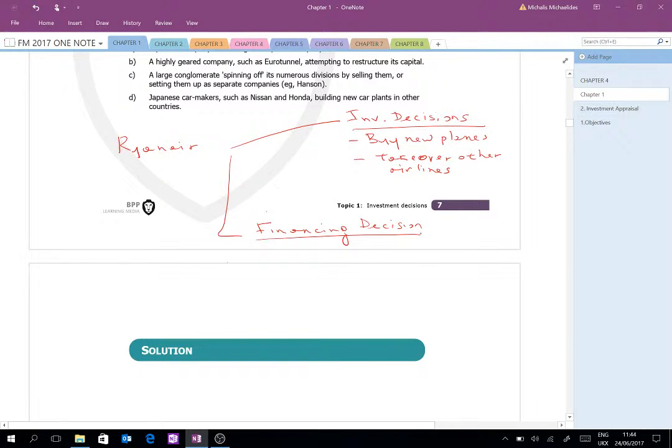Now, what Ryanair decided to do is to use mostly internally generated funds, in other words, retained earnings. And because Ryanair decided to use retained earnings, it means that Ryanair decided that it won't be in a position to offer dividends to its shareholders.